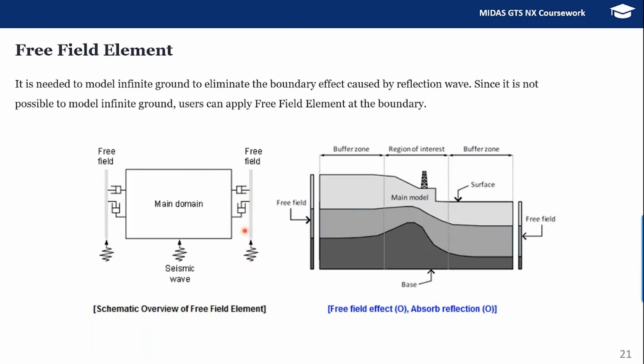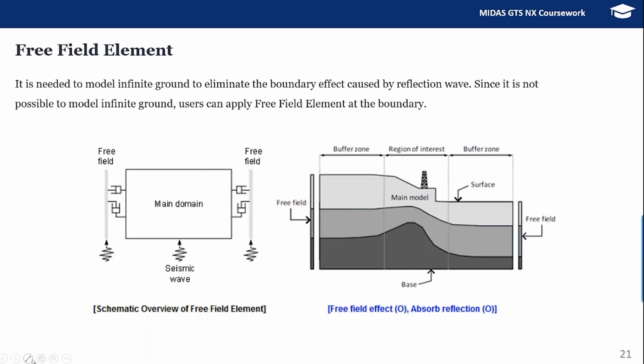That means the wave can propagate through your free field element, which is not possible in a viscous boundary condition. Hence the free field serves the property of an infinite boundary condition, where the propagation of waves can occur. When a wave propagates through your free field element, it can get transferred back to your main domain, which means it's not the reflected wave, but the wave that is propagated through your free field.